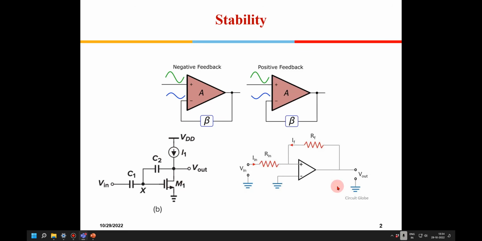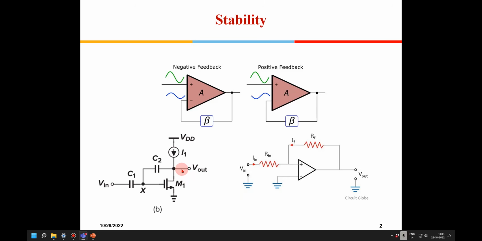Okay, two examples are given here where we have taken a capacitor. In this example we saw the feedback from the output. Although you might say these two signals are added here, the signal at the output is inverted because of the transistor operation and the biasing. We know that for a common source amplifier, the gain is negative, right?